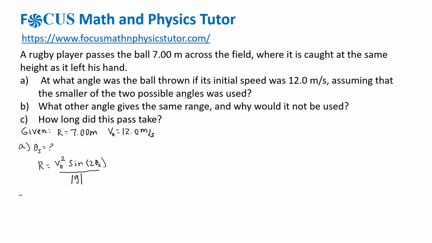So this implies that sine 2 theta equals R times the absolute value of the gravitational acceleration divided by v naught squared. Now 2 theta will be sine inverse of R times the absolute value of the gravitational acceleration divided by v naught squared.